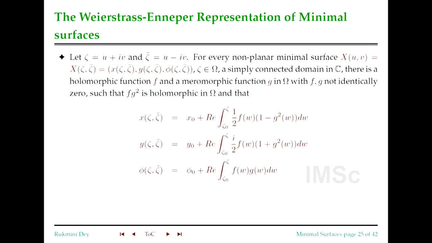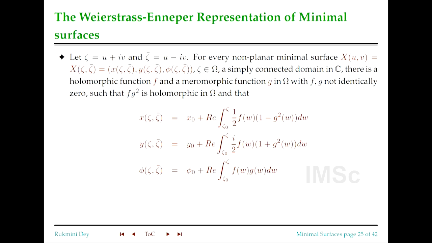The most general solution of that equation: zeta is u plus iv, zeta bar is u minus iv, and you can write x, y and z in this way, where f is holomorphic and g is meromorphic, such that f g squared is holomorphic.